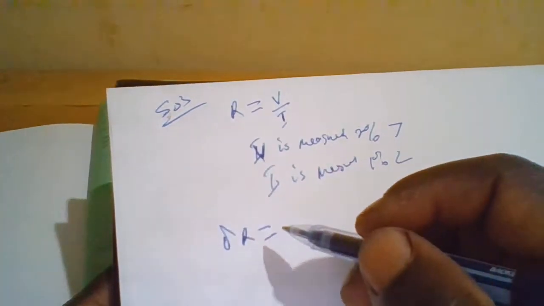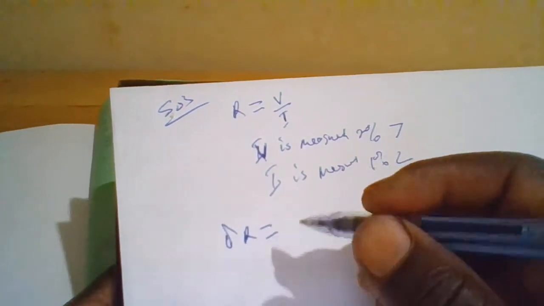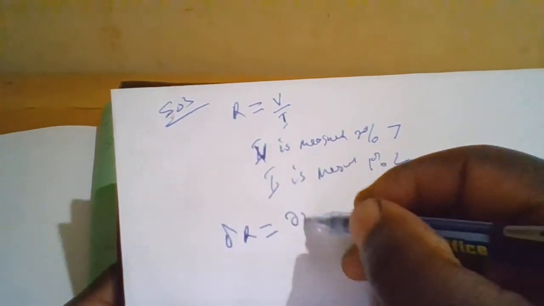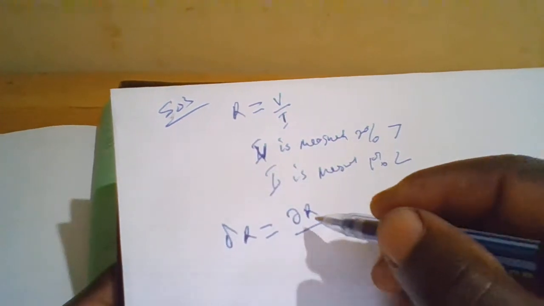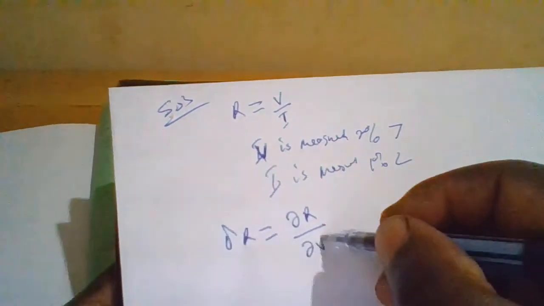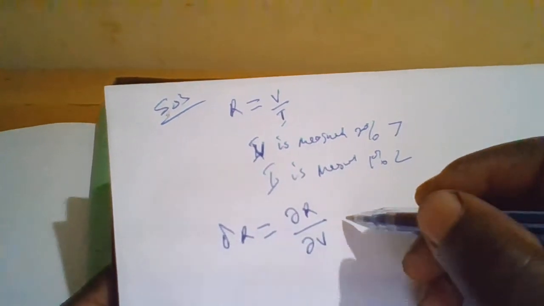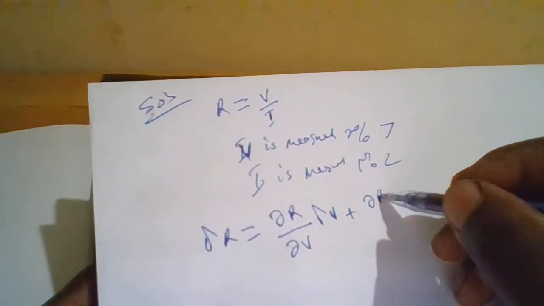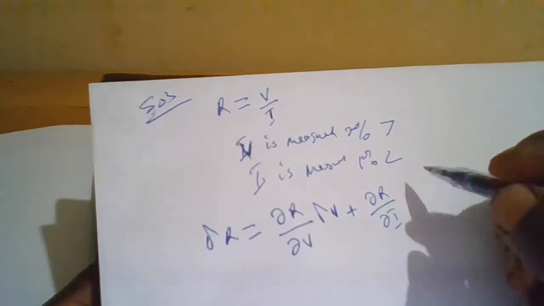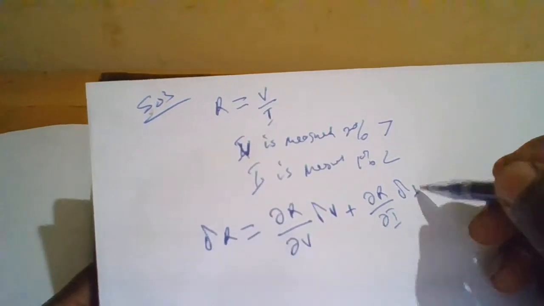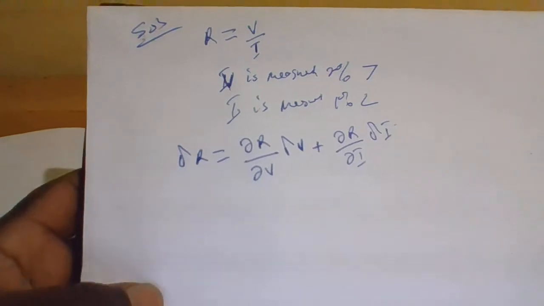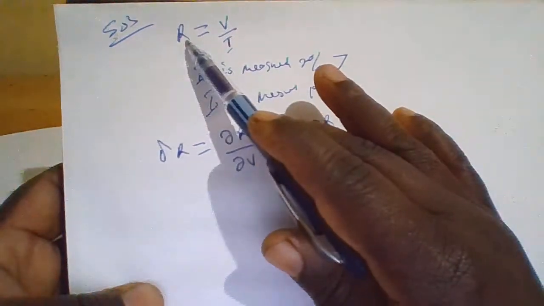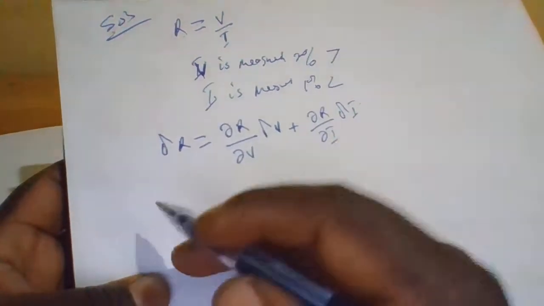Change in R will be given by del R del V, small change in V, plus del R del I, small change in I, or in current. Therefore, we can get the partial derivative of R with respect to voltage.